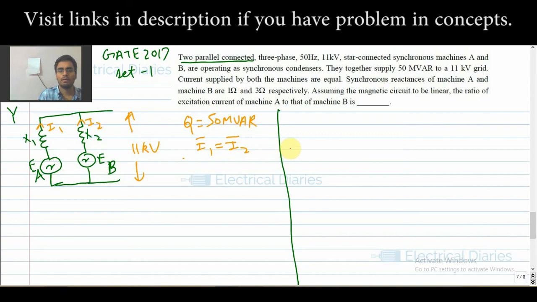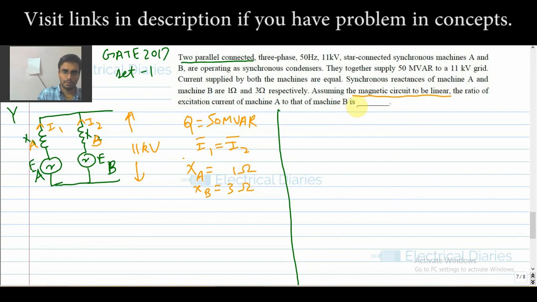The synchronous reactance of machine A, XA, is 1 ohm, and XB is 3 ohms, assuming the magnetic circuit to be linear. We need the ratio of the excitation current of machine A to that of machine B.